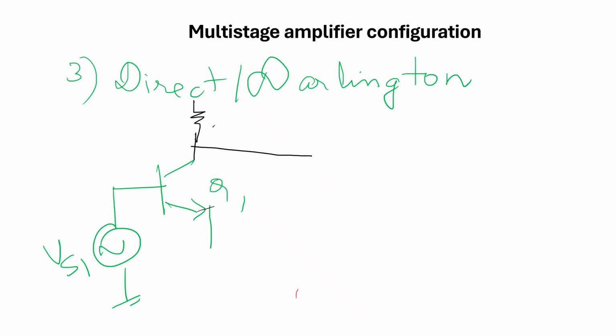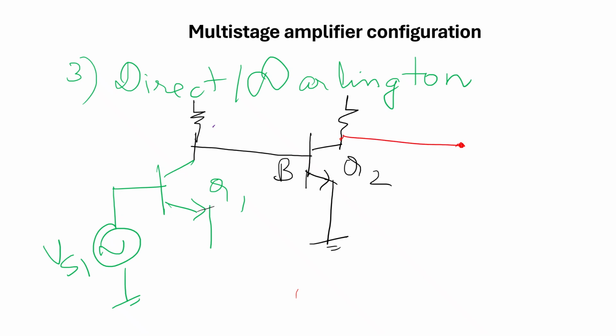The collector terminal of transistor 1 is taken and connected to the base of transistor 2. The output is collected across the collector terminal of the second transistor.